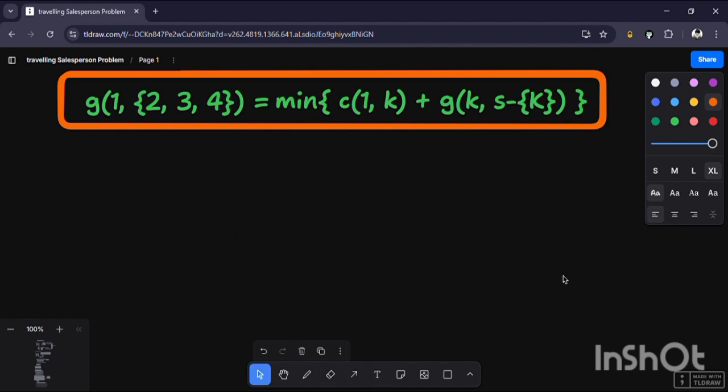This one will be equal to minimum of c of 1 comma 2 plus g of 2 comma remaining parts. Remaining is 3 comma 4. This one is one path.